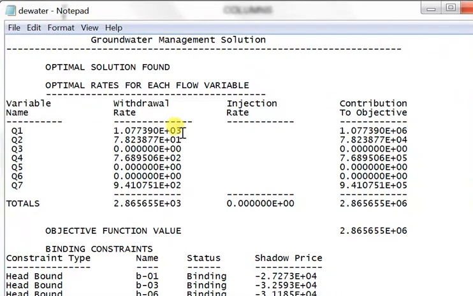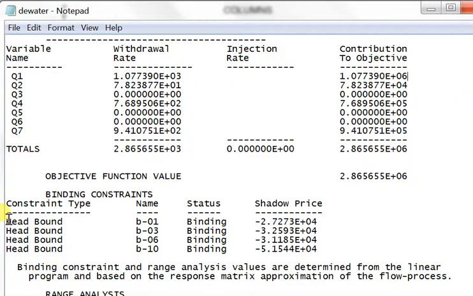And this is because the length of the stress period for this problem is 1,000 days. And so these withdrawal rates are multiplied by that duration and by the coefficient of 1 to arrive at the final contribution to the objective. We'll move on to the constraints.